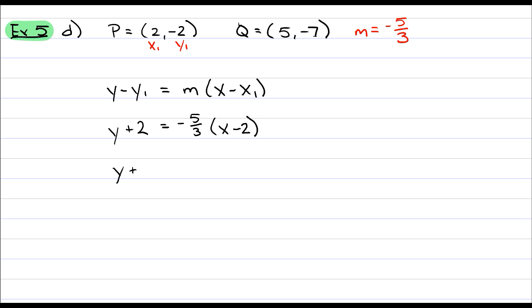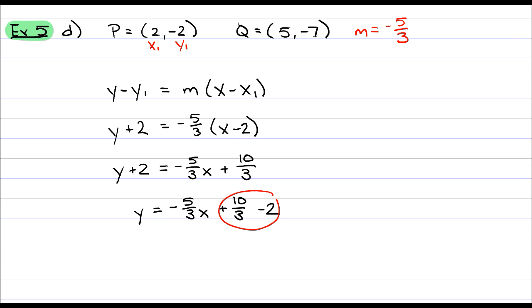I distribute through on the right, and I get minus 5 over 3 x minus a negative, so I have a negative times a negative: negative 5/3 times negative 2, so that's going to be plus 5 times 2 is 10, so this is 10 over 3. So now I need to subtract 2 from both sides, so that's y equals minus 5/3 x plus 10 over 3 minus 2.